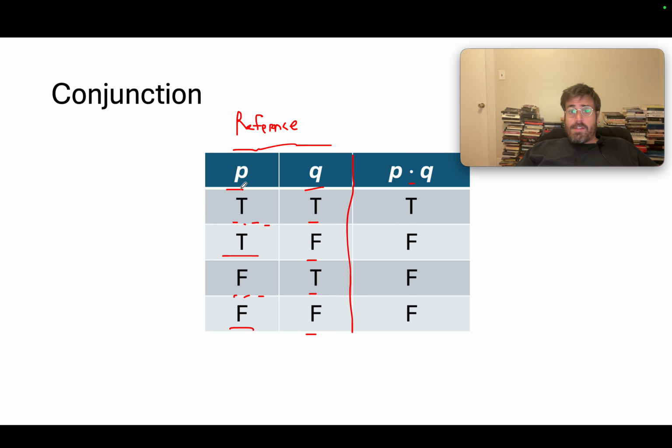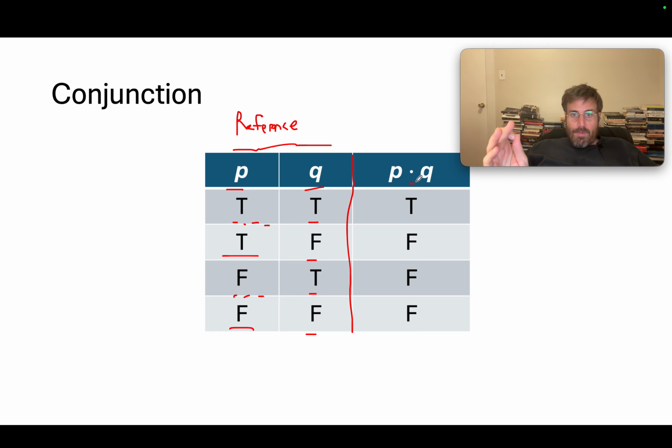So this is basically laying out every possible combination for the truth values of two variables, P and Q. Now, when we bring together P and Q with a dot, we have to think about what the value of dot is.